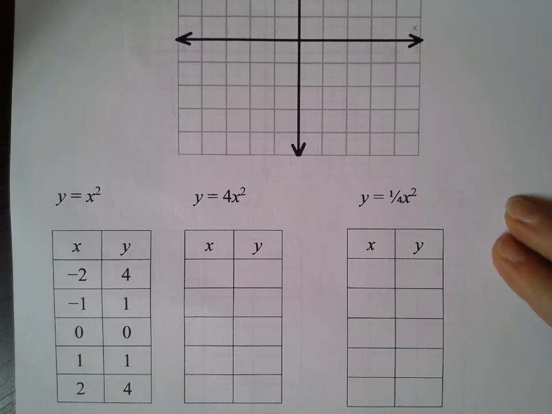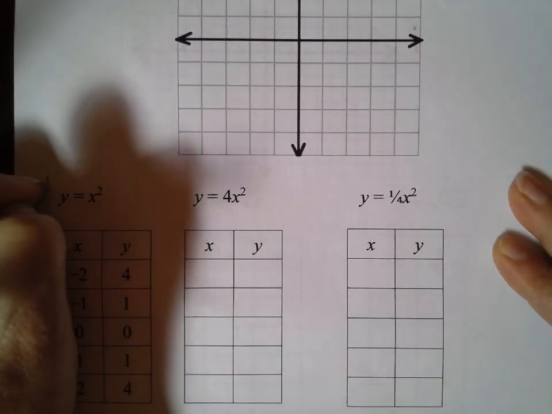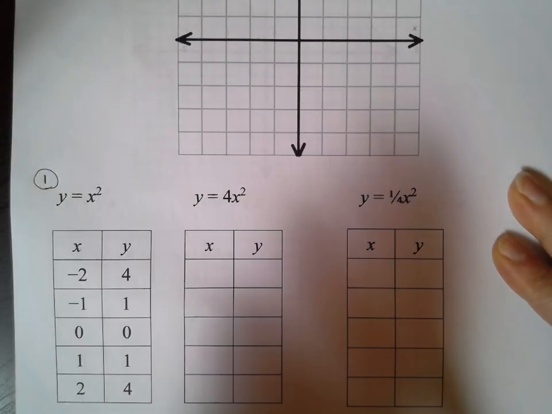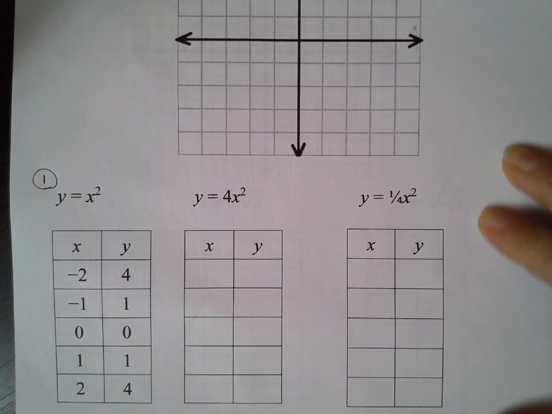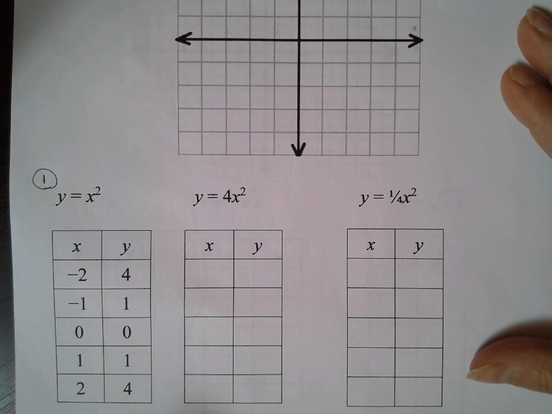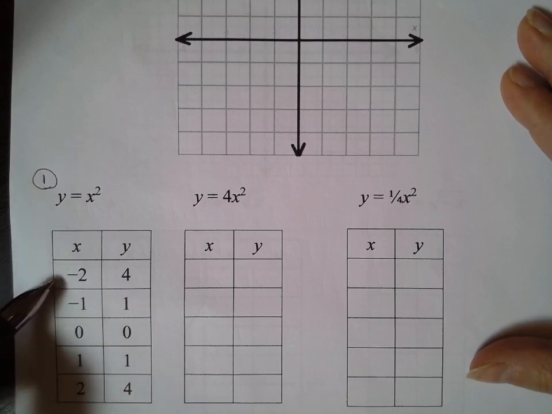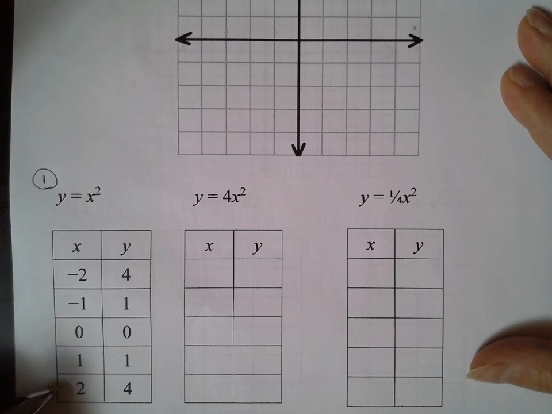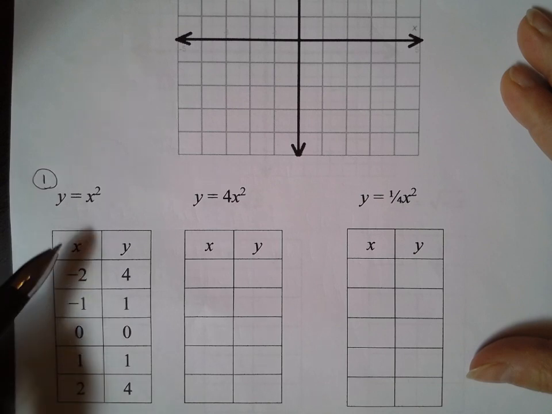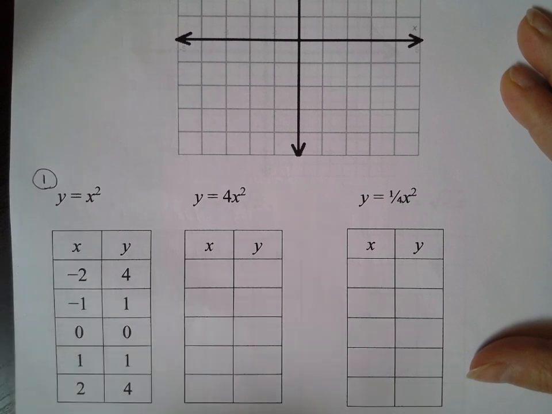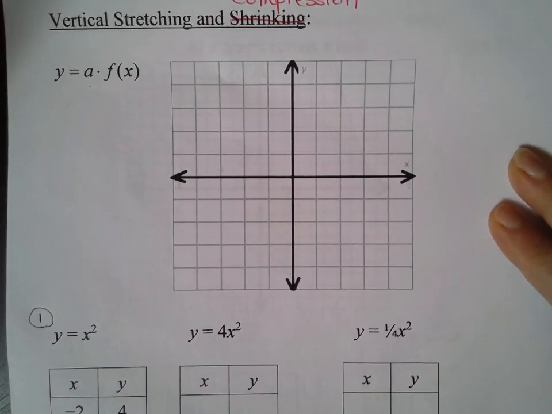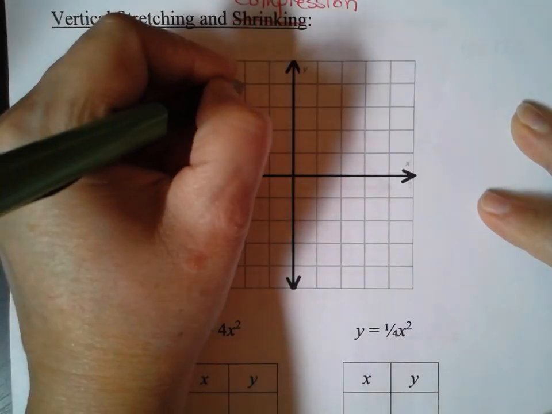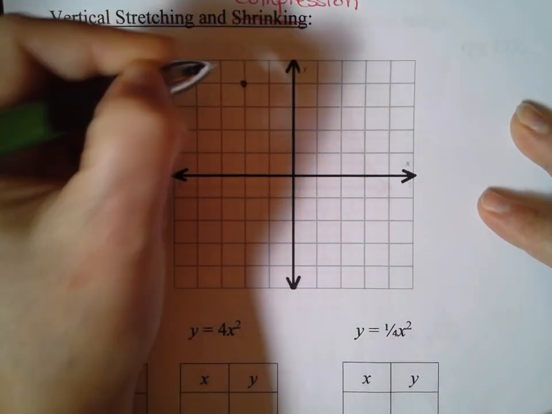Okay, so we're going to graph 3 graphs. One will be the basic graph. Let's go ahead and put those points on there so you can have that as a reference. So this is the same basic graph we started out the video with. We have the standard set of x values here, and when I plug them in and square them, these are the y values I get. Those points are going to make the standard parabola, so let's put them on our graph here.